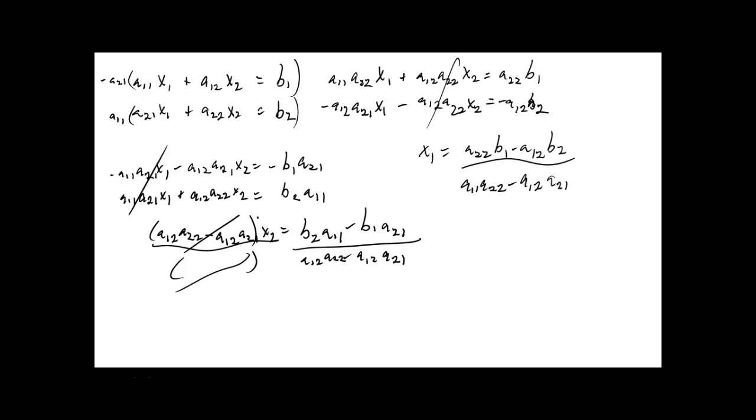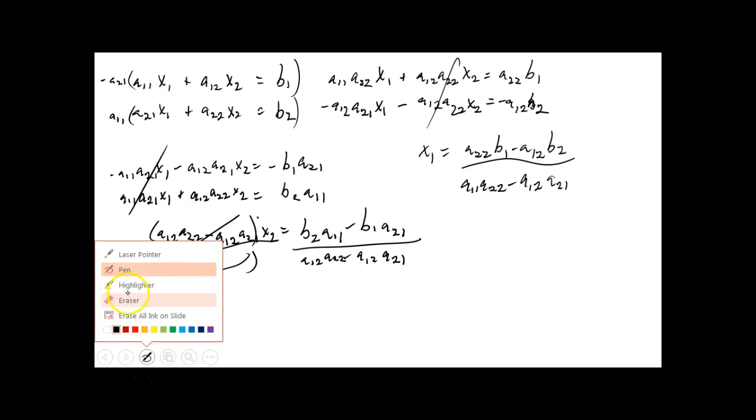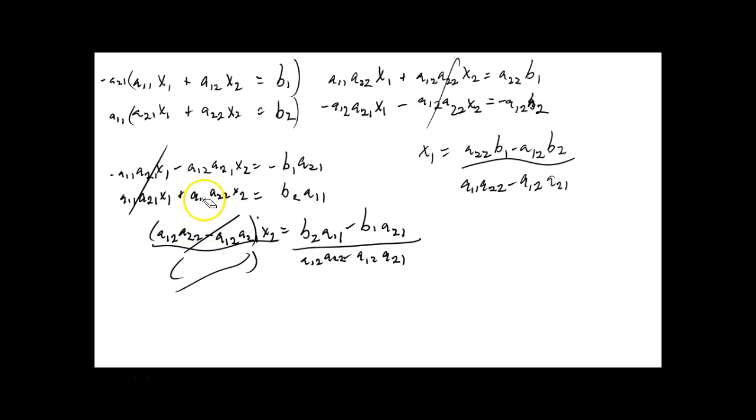B2 A11 minus B1 A21 divided by, and they wrote it, whoa. I wasn't paying attention. For our second equation here is A11 A21 x1 plus A, that should be a 1, 1.